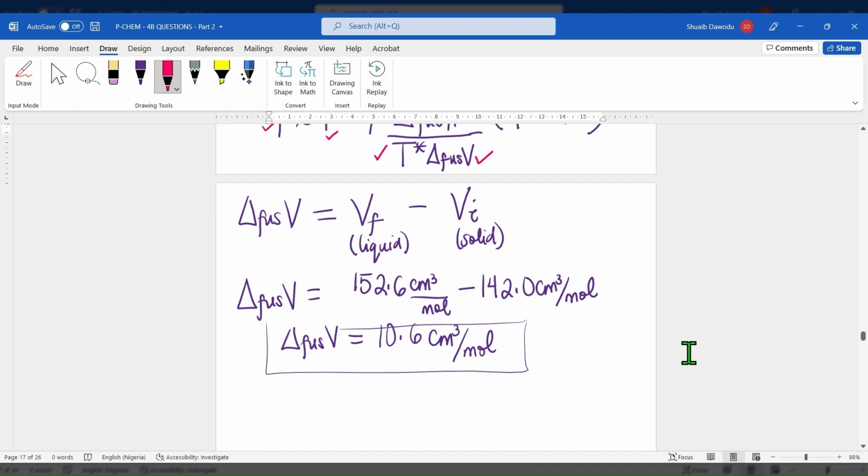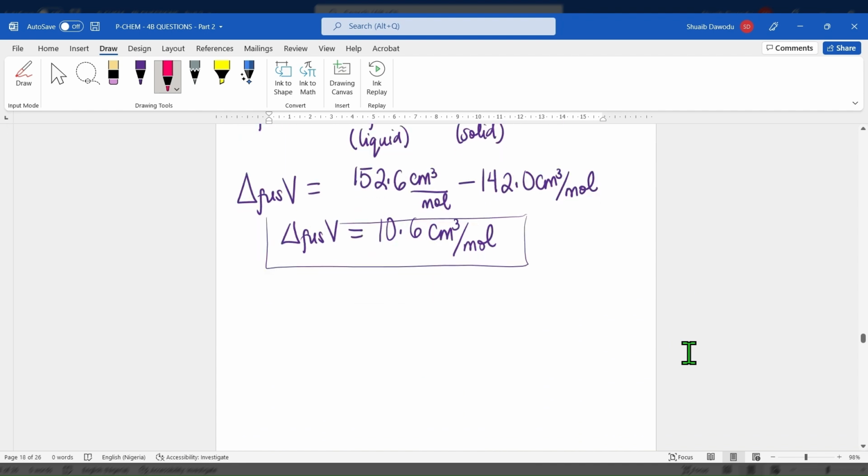So whenever you're dealing with physical chemistry, you have to pay attention to the units. There was a point when we were doing ideal gases where you could have atm, dm cube, or pascal meter cube or pascal dm cube. Now, whenever we're dealing with enthalpy, the real unit is going to be joules. If you're dealing with joules, that means your pressure has to be in pascals or Newton per meter squared, and your volume always has to be in meter cube.